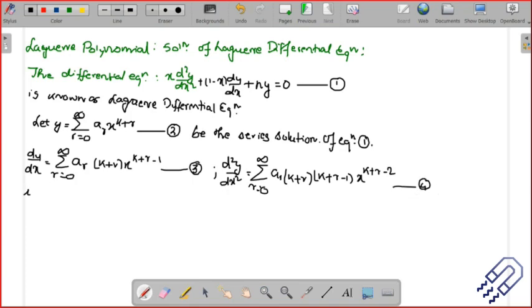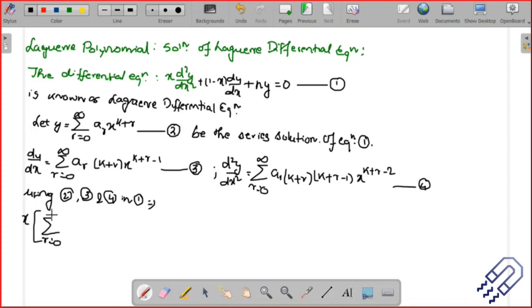So now just like yesterday, using 2, 3 and 4 in 1, right. So let's just use whatever expression we have. We can take x into d²y/dx², so maybe I can just write it down.